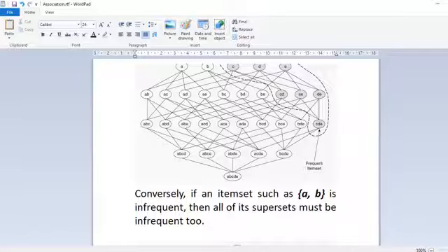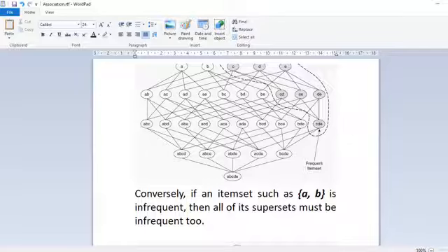But in the converse we say that if an item set is infrequent, then all of its supersets must be infrequent. The converse helps us in trimming the exponential search space based on the support measure, known as support based pruning.